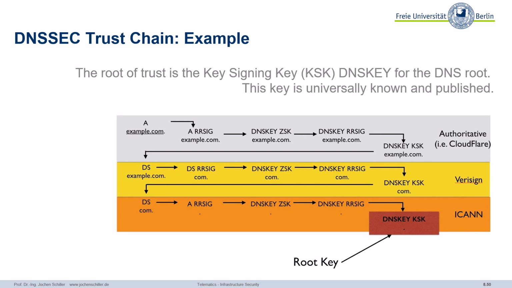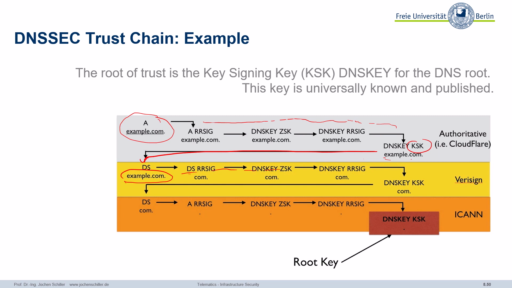Okay, so if you have this address, for example example.com, then you see how you can go up with zone signing key, DNS key, etc., and then key signing key, and then you go exactly one level up, because we know that in the next higher level someone points to this example.com.